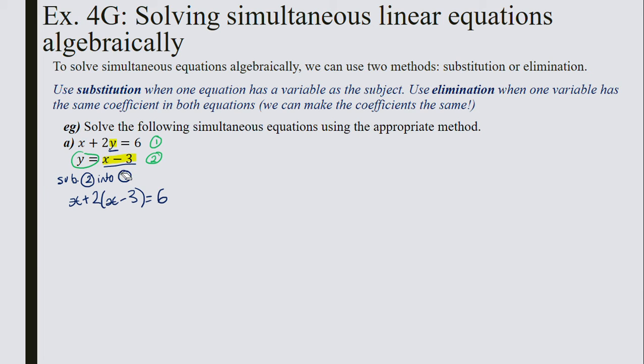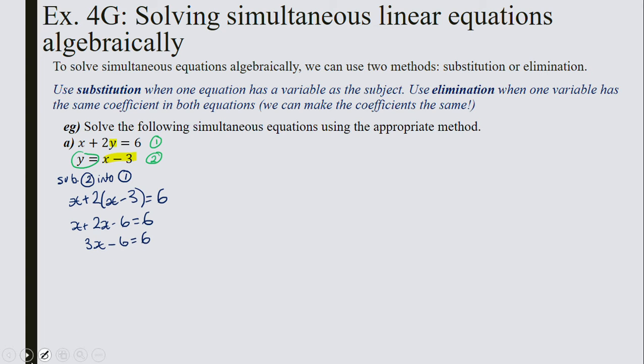Now it's just a matter of solving as we would. So I have a linear equation in terms of just x. Ooh, I've lost my pen. And I'm going to expand the brackets first, so I get x plus 2x take 6 equals 6. Combining my like terms to get 3x take 6 equals 6.